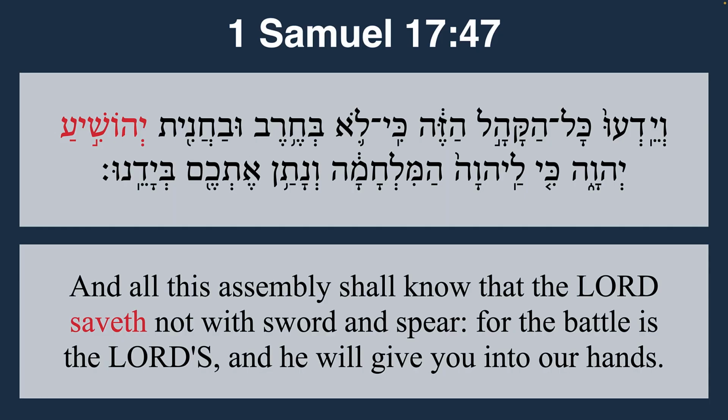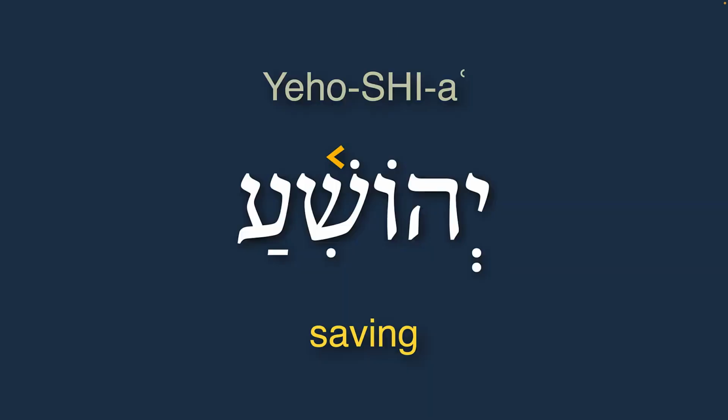Right, so let's go to 1 Samuel chapter 17 verse 47, and another couple of places as well, where this verb, now this is not a name, yehoshia occurs, and it means saving, or saves. If you see, this is the word yehoshia.